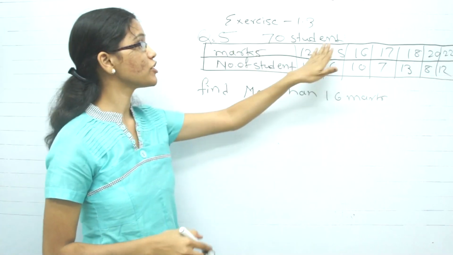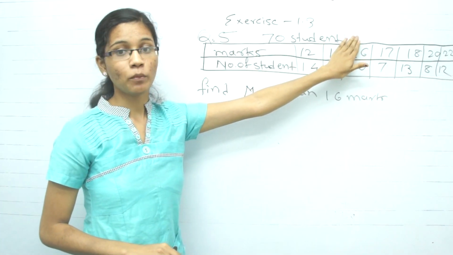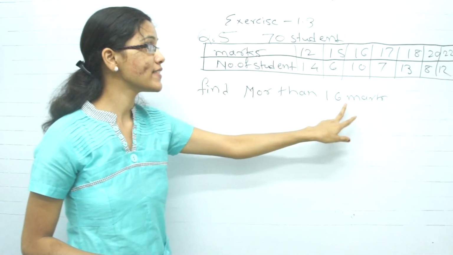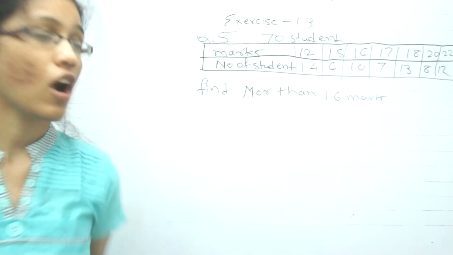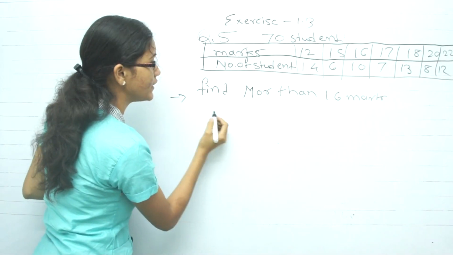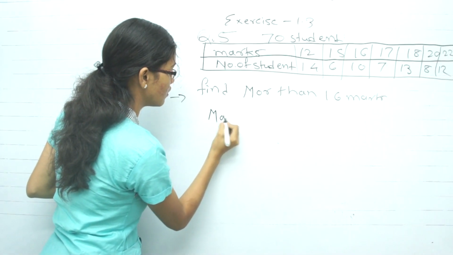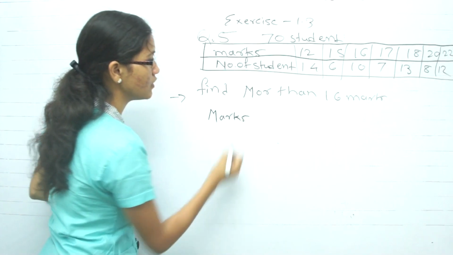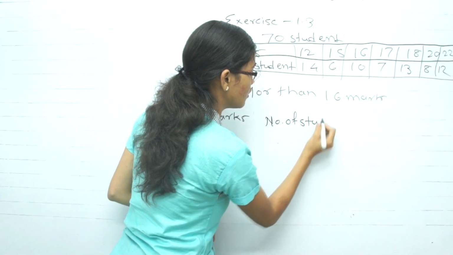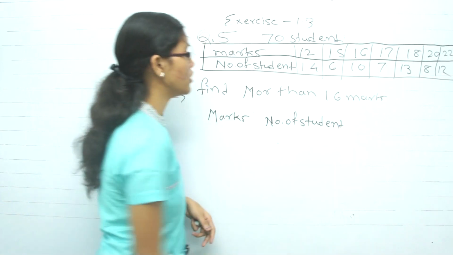Okay friends, this is question number 5: the marks obtained by 70 students in an entrance test. We have to find the more than 60 marks. So how do you find it? First is marks, and second is the number of students.